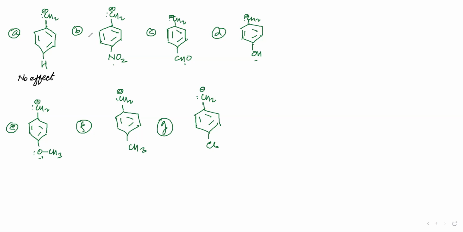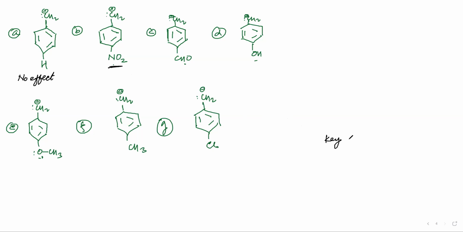Okay, fine. Now what about B? What effect does NO2 show? Plus M or minus M, plus R, what effect? Plus M or minus M? Now, wait a second. How you have to see if this is electron withdrawing or electron donating?